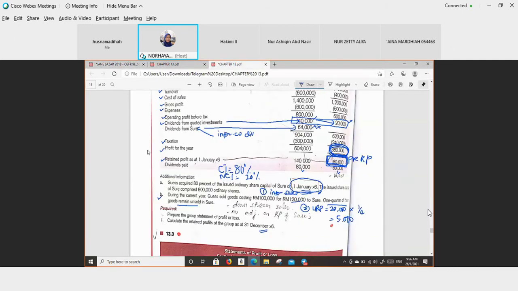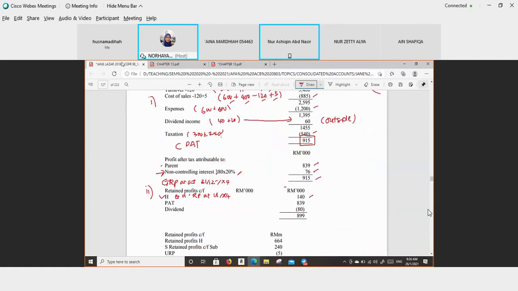Awal tahun punya. Please take note mana satu, Syikin. Mana ni kita ambil yang awal tahun punya. You take the opening retained profit for H. Kalau tadi, beza, kalau tadi you ambil H saja tau, sebab part of the Sure punya tak boleh lah. Sebab Sure yang awal tahun tu semua ialah pre. Are you following Syikin?